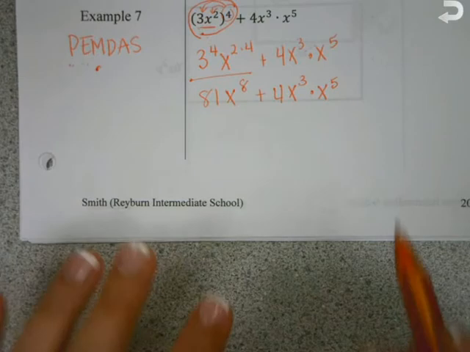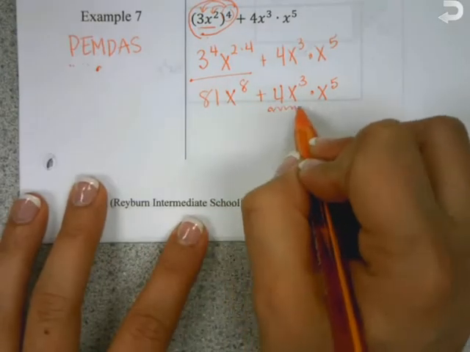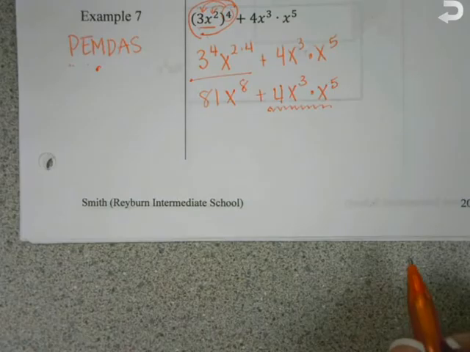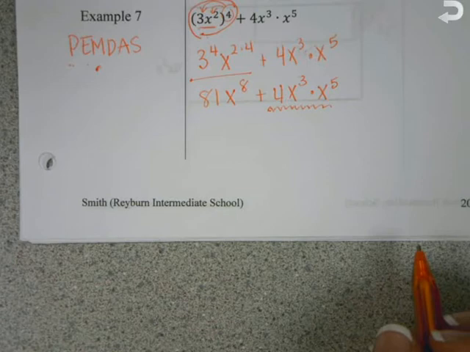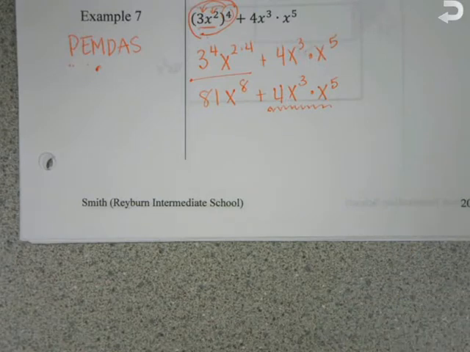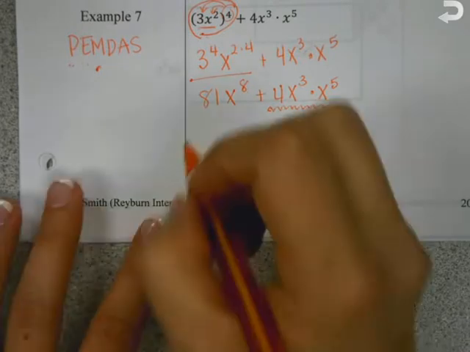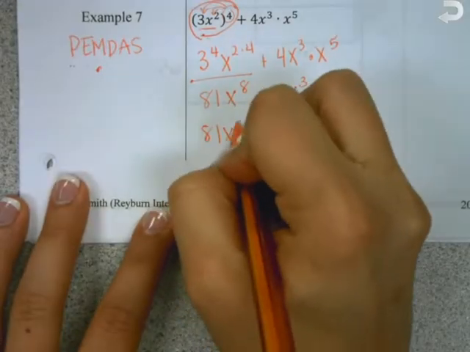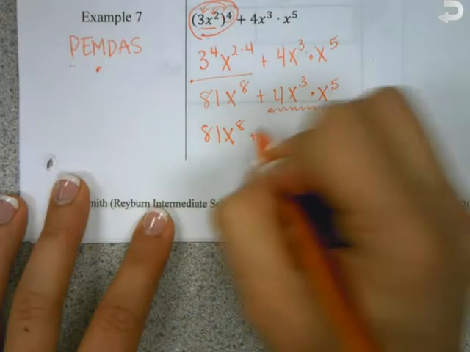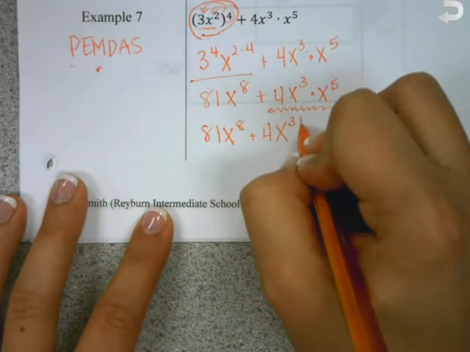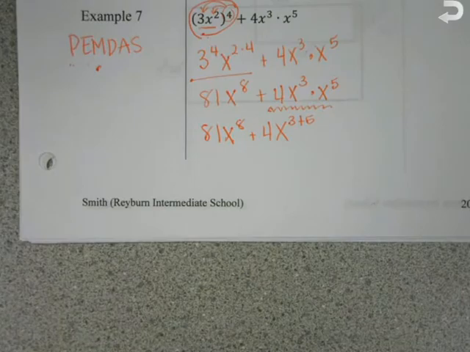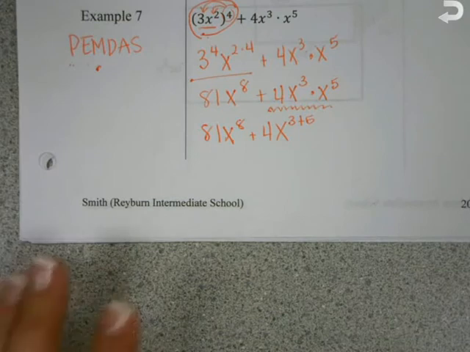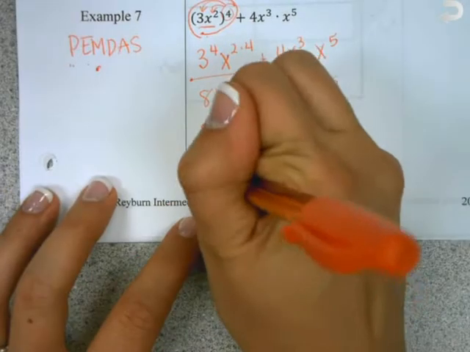So we have 81 x to the 8 plus 4x to the 3 plus 5. So let's simplify this one. That's 81 x to the 8 plus 4x to the 8. 3 to the 4th power is 3 times 3 times 3 times 3. Okay? Or 9 times 9, yes.